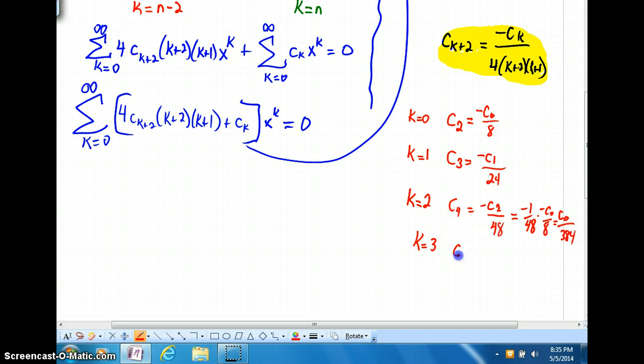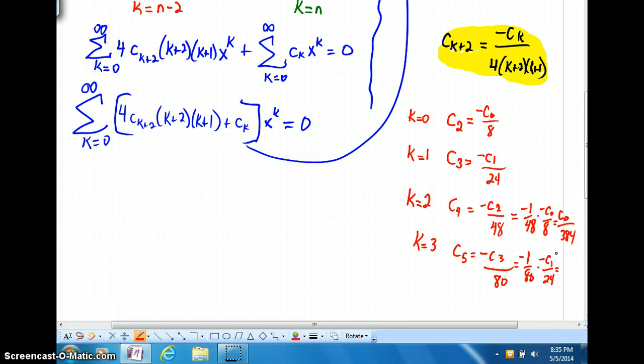If k is equal to 3, we'd find c sub 5. And we'd have negative c sub 3 all over, well, 3 plus 2 is 5, 5 times 4 is 20, and 3 plus 1 is 4, so we have an 80 down here. So this is negative 1 over 80 times c sub 3, but notice what c sub 3 is. Look up above, we get negative c sub 1 all over 24.